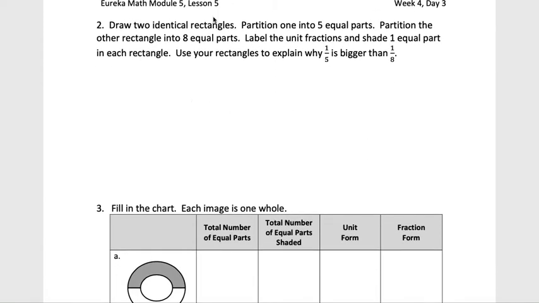All right, now I want you to notice this question right here when you read it for number 2 of that problem set. We're still in day 3. You need to explain, I'm going to read the whole thing, but you're going to explain how these 2 rectangles show why 1/5 is bigger than 1/8. That is a review of one of the examples that was just previously discussed.